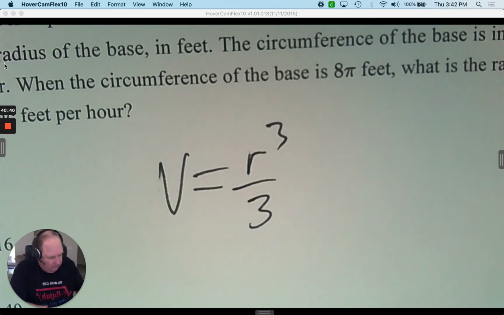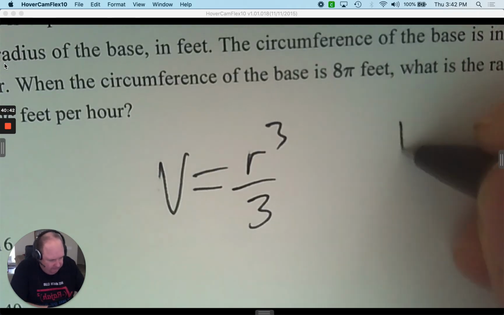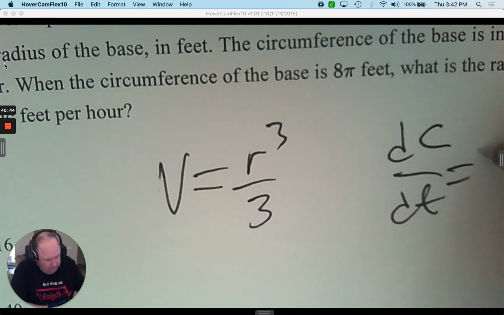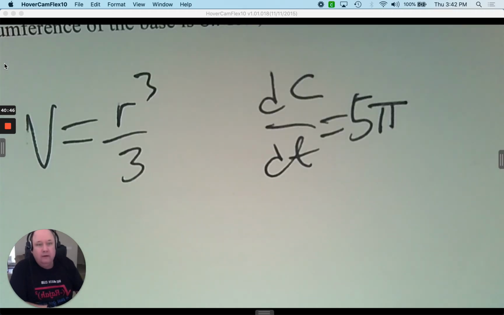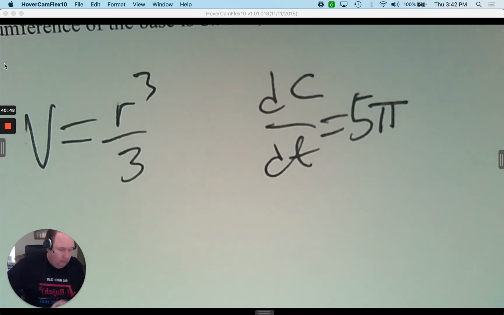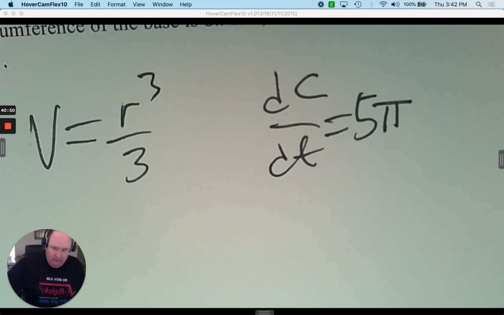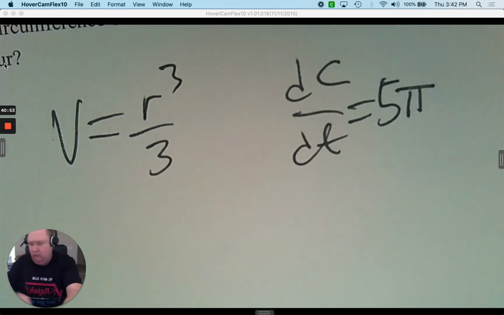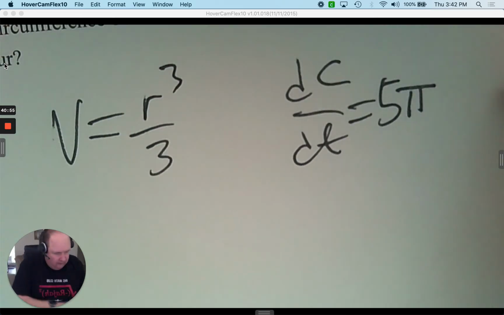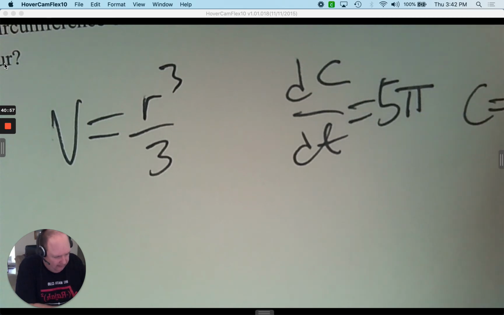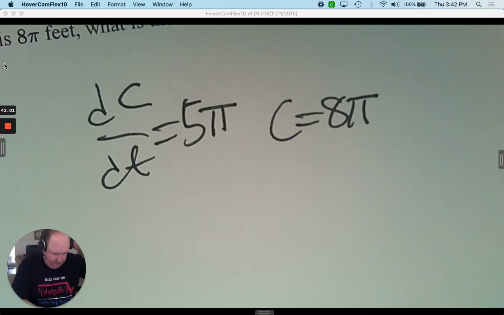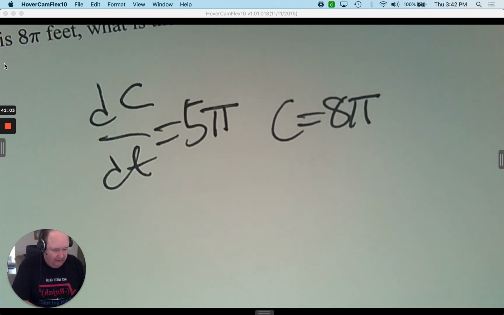The circumference is increasing at a rate of 5 pi. When the circumference of the base is 8 pi feet, what is the rate of change of the volume of the pile?